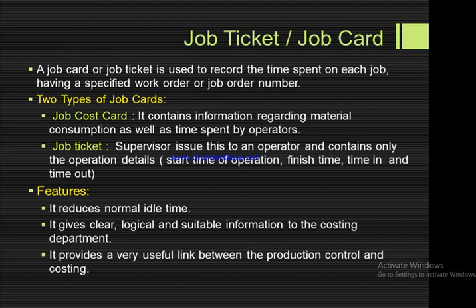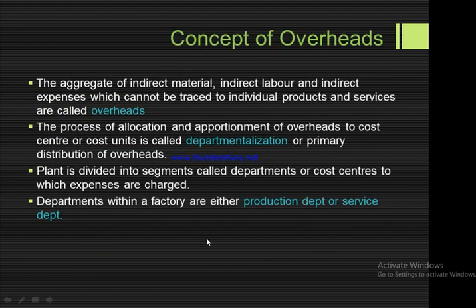This will help the workers to reduce idle time and be very clear in understanding what they are supposed to do on that particular product. This also helps to link production control and costing.